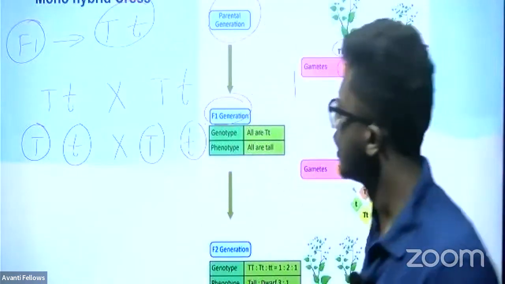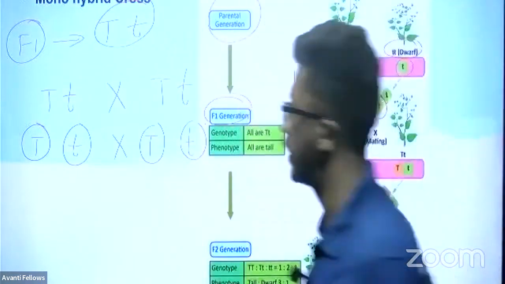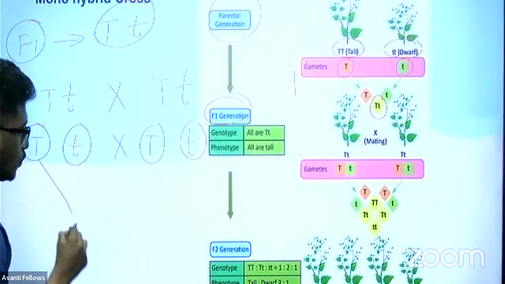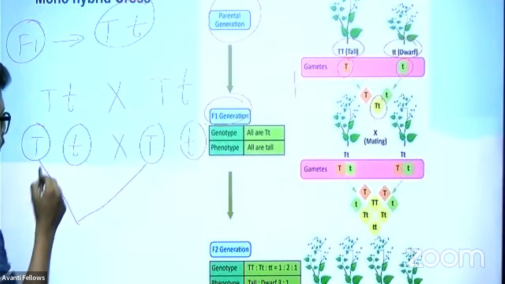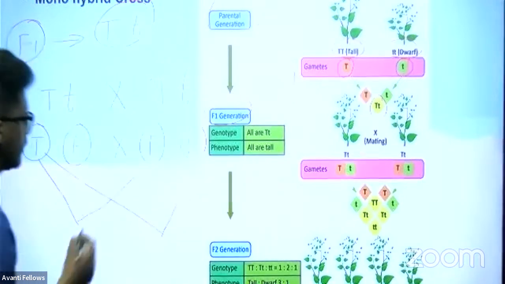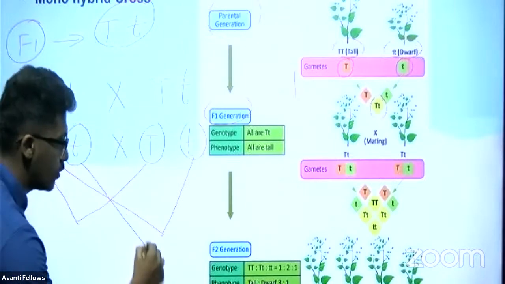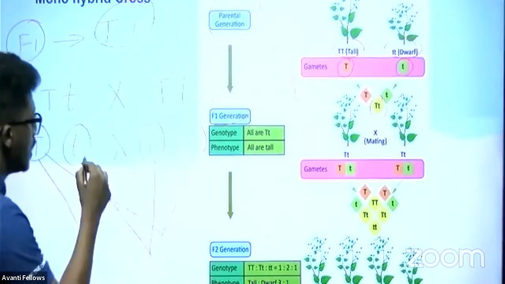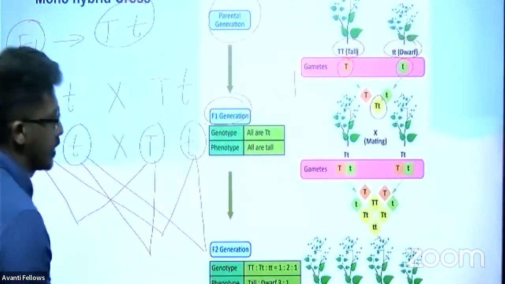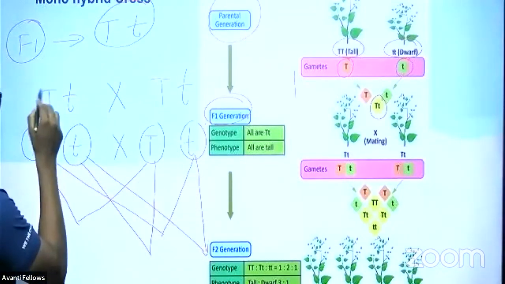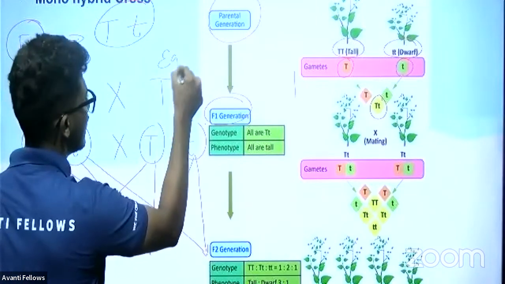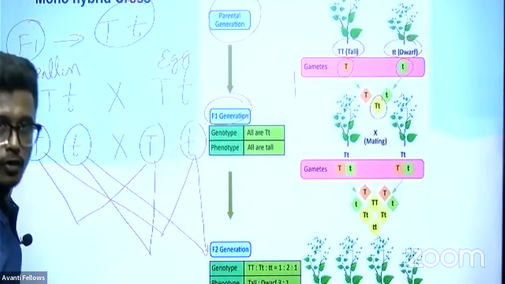Now if I cross them, there is a chance that the capital T pollen would meet the capital T egg. The capital T pollen grain would meet the small t egg. The small t pollen would meet the capital T egg, and the small t pollen would meet the small t egg. Correct, no? If I consider this as pollen and this as egg, or male and female, you can take it for your convenience.